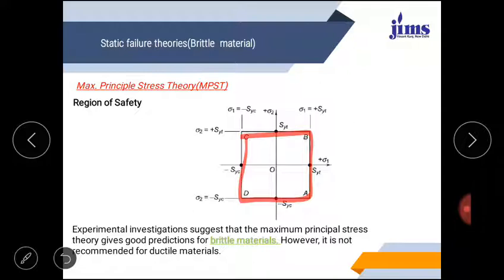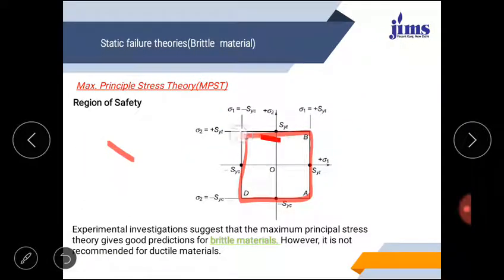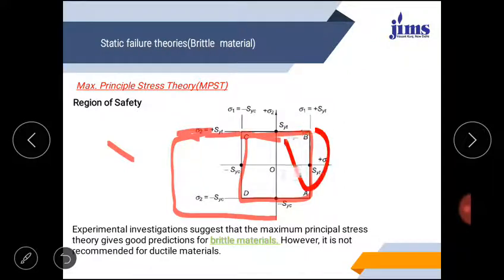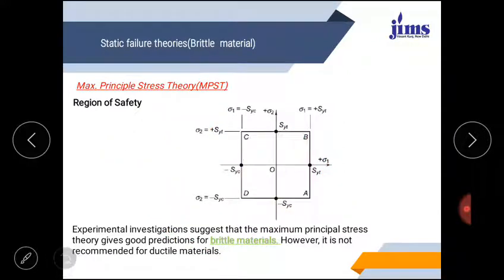Otherwise, in many cases it has been seen that SYC is very large compared to SYT. In this situation, the figure will be larger on the compression side than on the tension side, meaning on the tension side it will be small, and on the negative stress side it will be larger in size, so that should be taken care of.